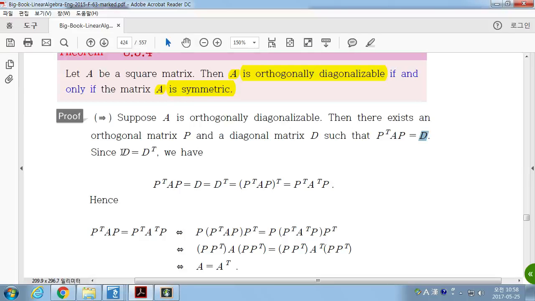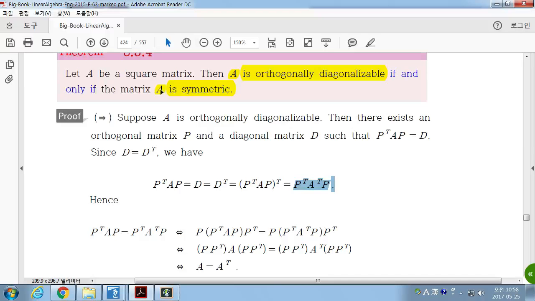And also, since it's a diagonal matrix, D is equal to D transpose. So P transpose AP is equal to D, but D is equal to D transpose because it's a diagonal matrix. And so this can be written as the transpose of P transpose AP, which can be written in this way. So we have this is the same as this.